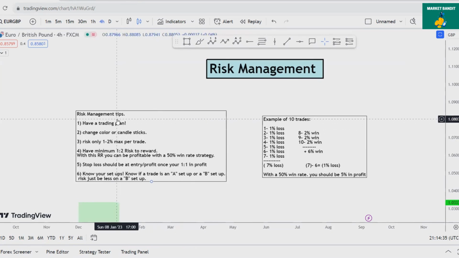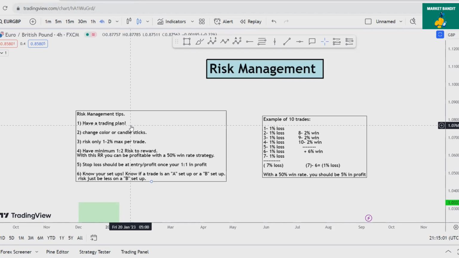The first tip I have in practicing risk management, and I always recommend to everyone, is to have a trading plan, right? Before taking any trade, you need to know what session you're going to trade, what hours you're trading for, what kind of pairs you're focusing on, or are you looking through just a bunch of forex pairs.